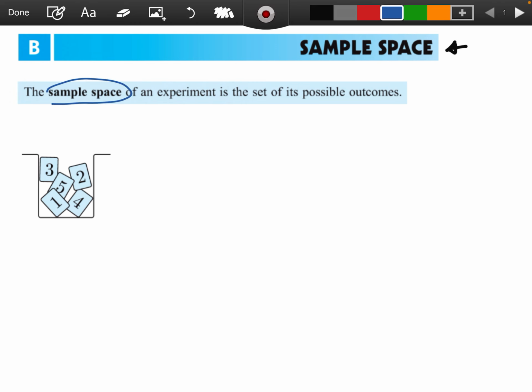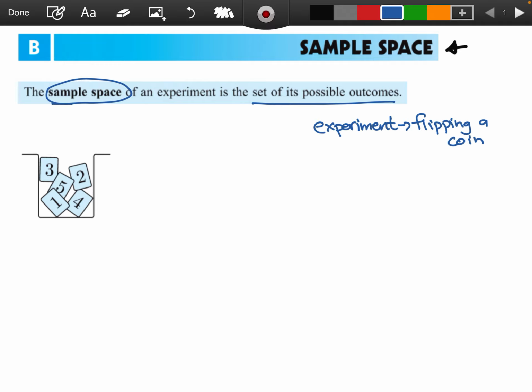The sample space of an experiment is a set of all its possible outcomes. So what the sample space does is it just tells everyone what could actually take place. So if we think about an experiment, let's go really simple, like flipping a standard coin. Nothing special about the coin, just a regular old coin.